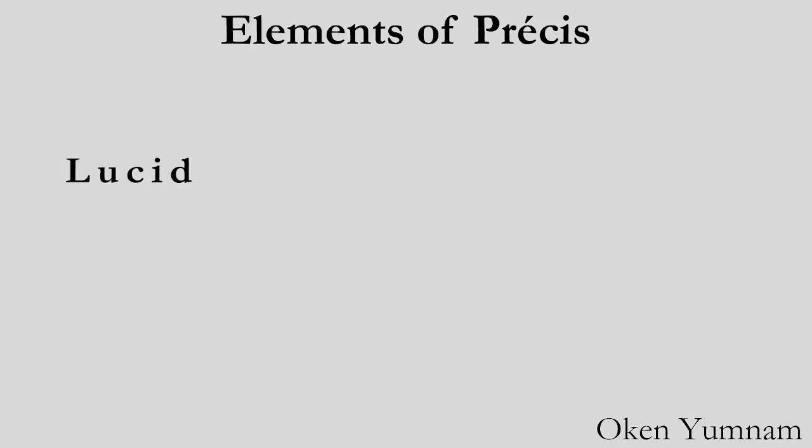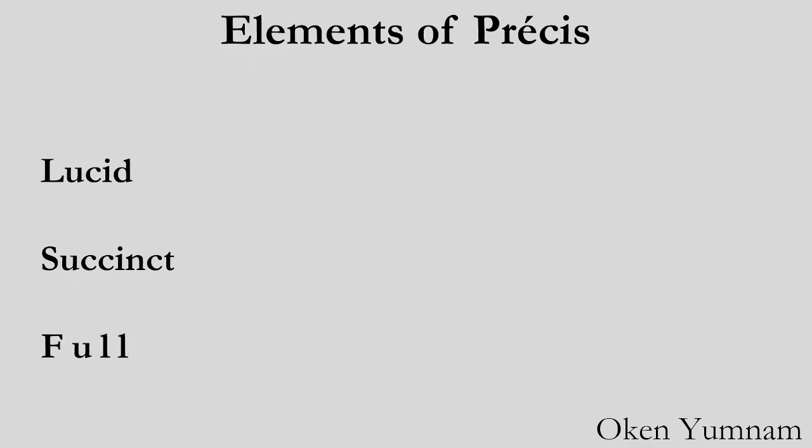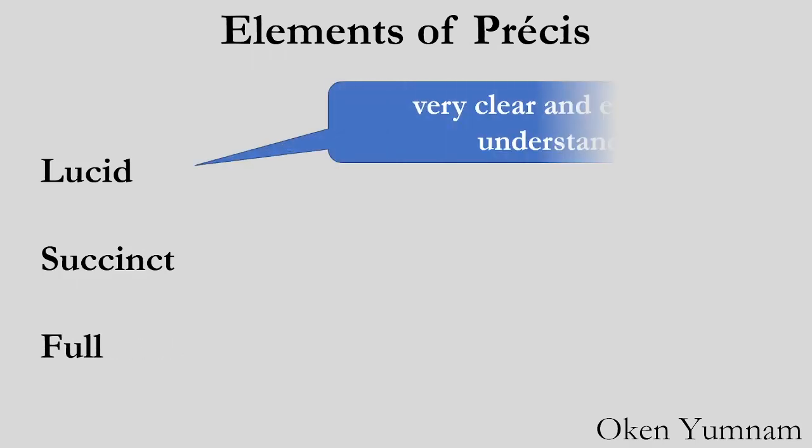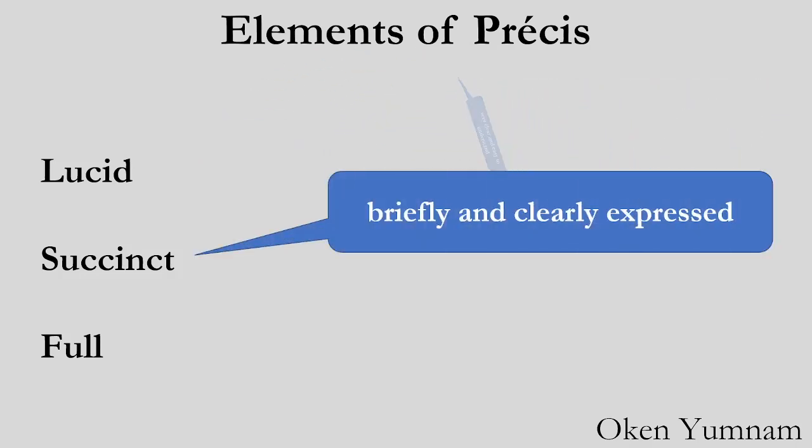The elements of a Précis should be lucid, succinct, and full. Lucid means that the Précis should be very clear and easy to understand. Succinct means that the Précis has to be briefly and clearly expressed.